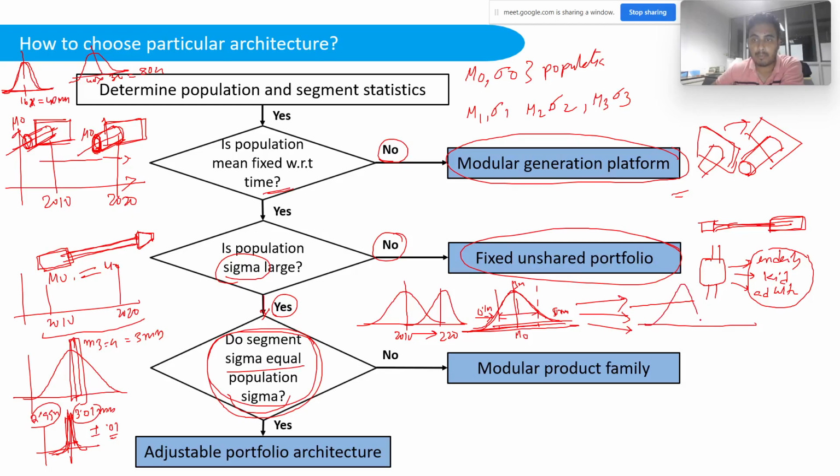So for example, this is the population one, this is mu naught, and if we find that the variance is not equal, that means for adults we have something very narrow, we do not want much change. And the mean can also vary.